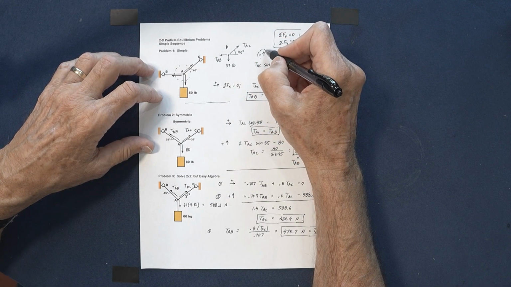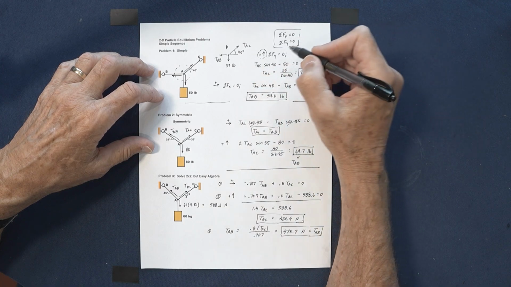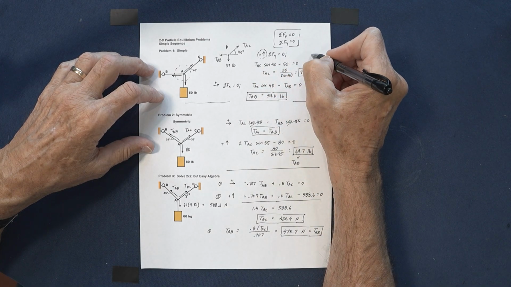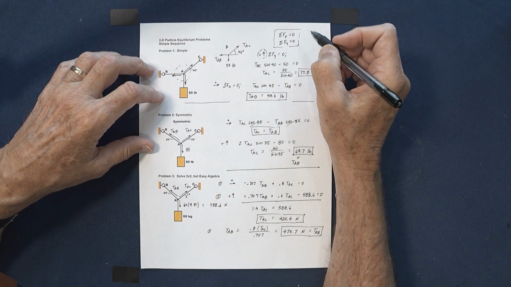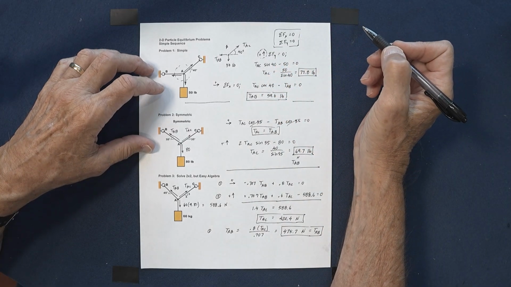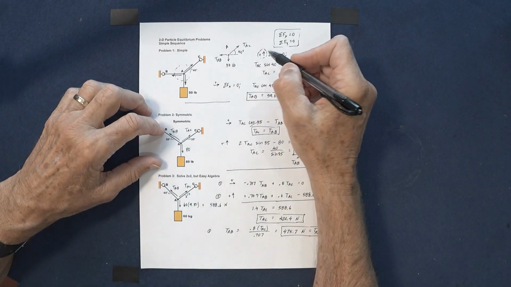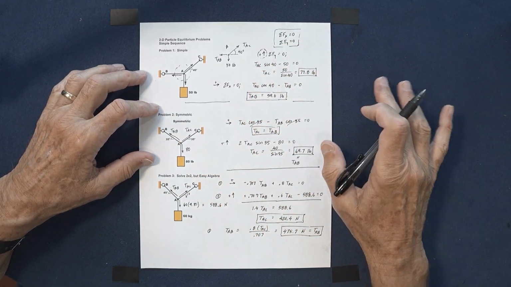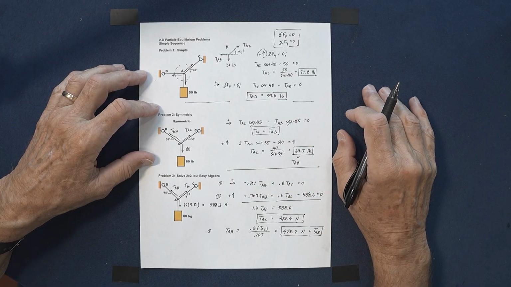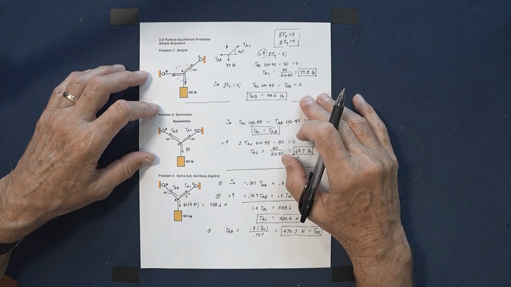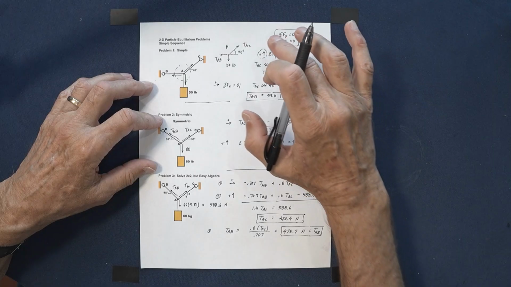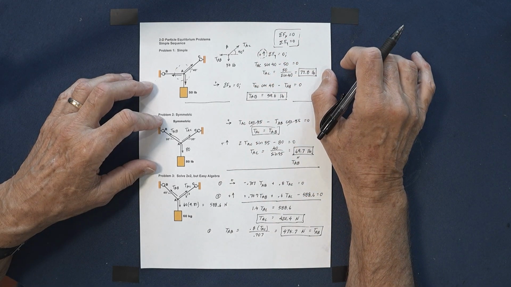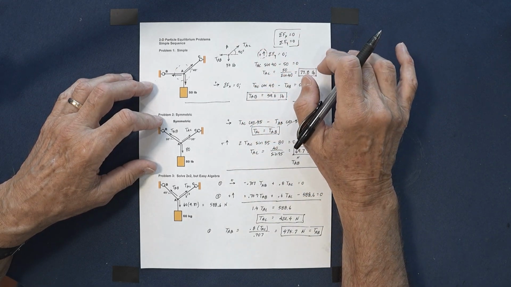Draw a free body diagram, declare a direction, and as you write this equation term by term, make sure every term agrees with this sign convention. Sometimes if students don't do this, halfway through the equation they flip the sign, and then the equation becomes invalid. So declare for yourself the direction that you're going to assume positive.